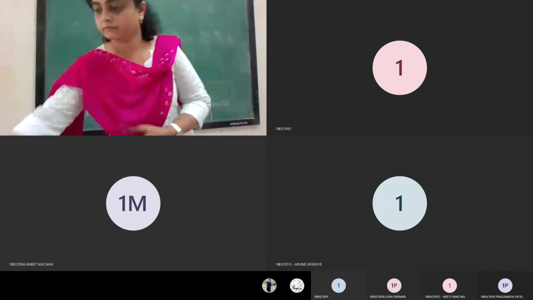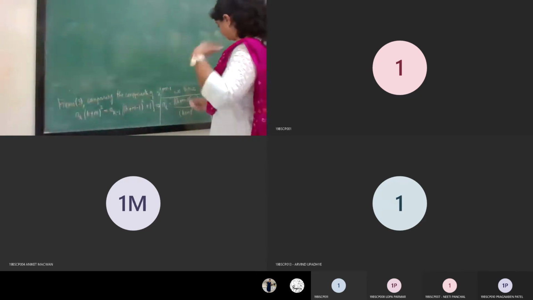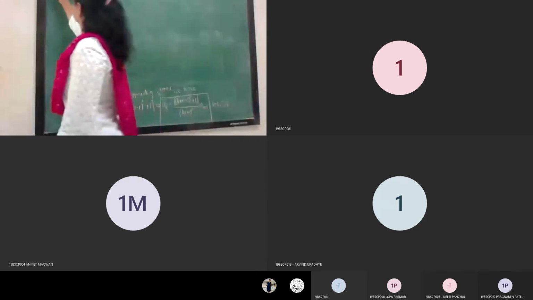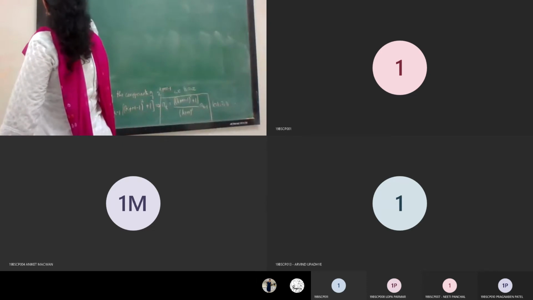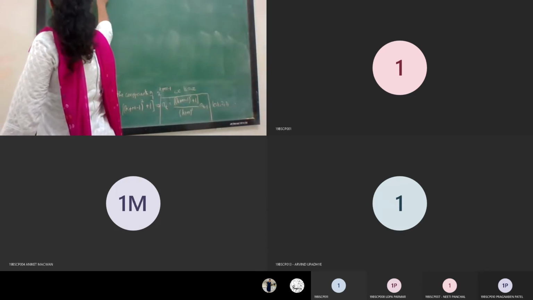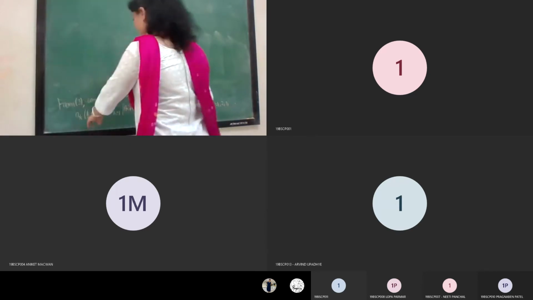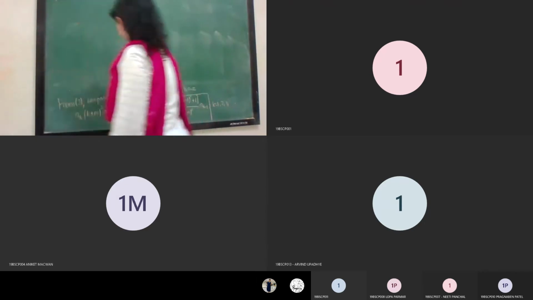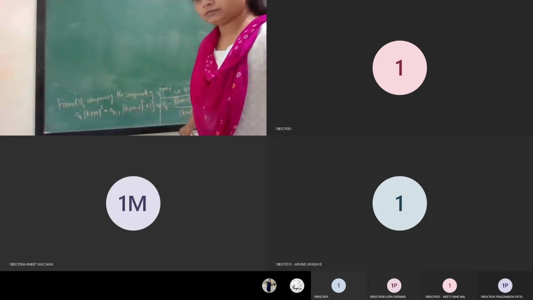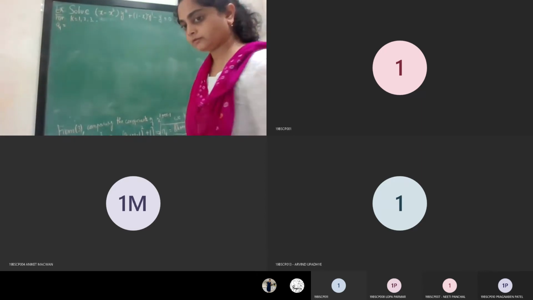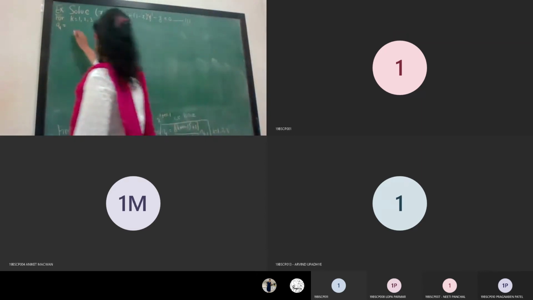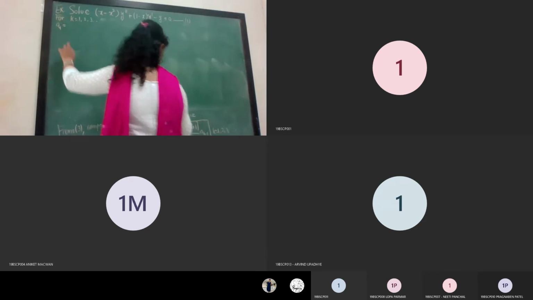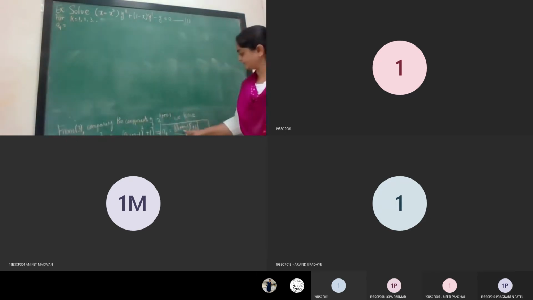Yes, so now it is for k is equal to 1, 2, 3 and so on. What we'll get? The first one will be a1. So a1 is equal to, k is 1, so 1 minus 1 gets cancelled.